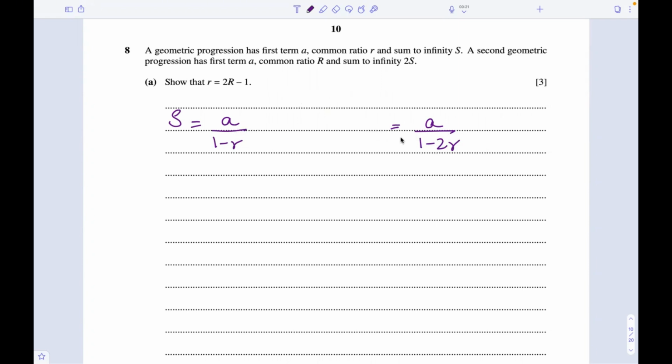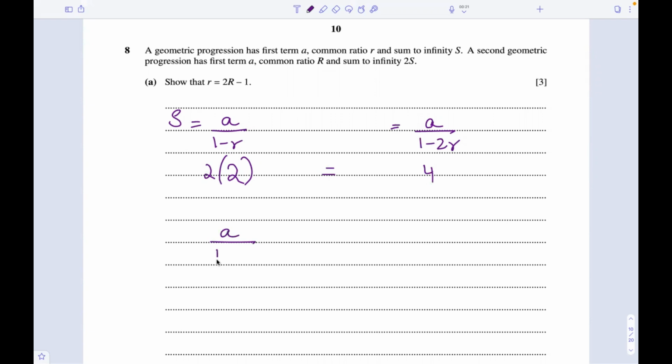To equate these two, as this is twice the first progression, let's take an example: if this is 2, this is 4. To make them equal, I will have to multiply this by 2, and then they will become equal.